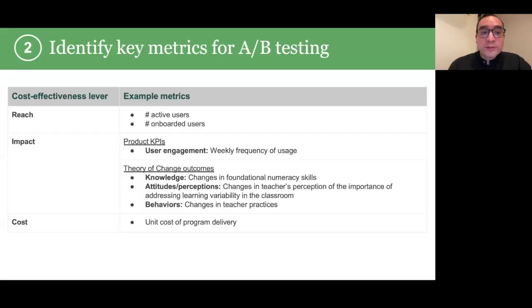So for reach, you might want to look at number of active users or number of onboarded users. You might want to see what the user engagement is and whether that's actually in the end leading to people using the program more and then eventually learning more.